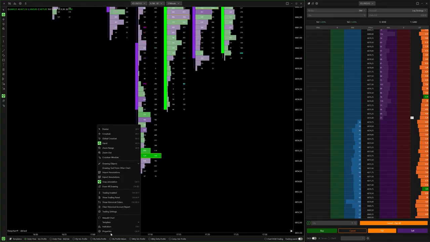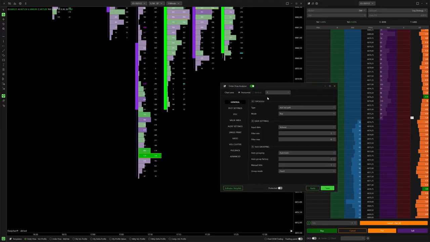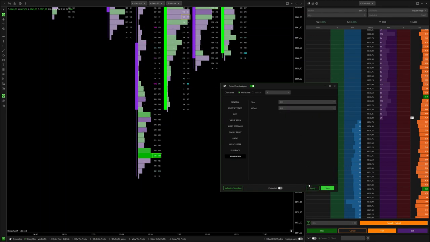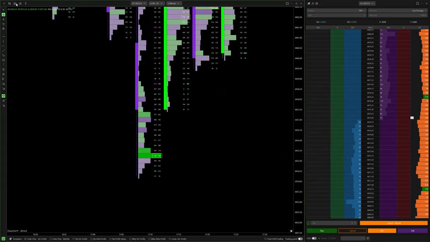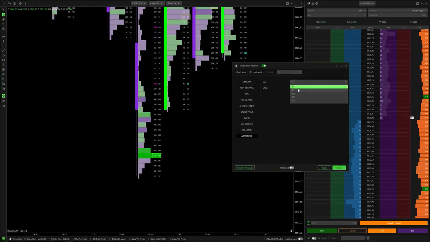And the cool thing about this is, for example, I might have in the indicators tab both order flow analyzers, and I might not want them one on top of each other. I might go to advanced and have it half of the size with a half of an offset, and have this on the side, and then go to the settings of the other one, go to advanced again, have it half of the size again, but without any offset.